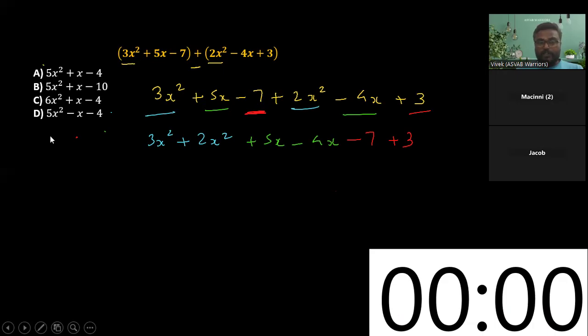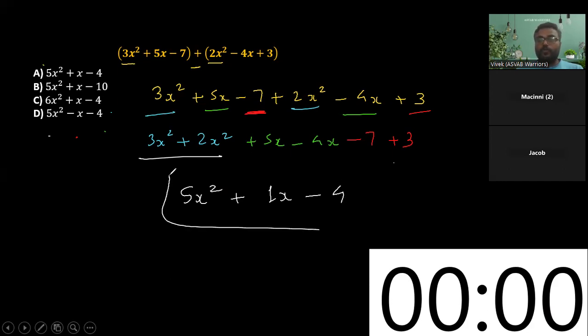Let's do the calculations. 3x square plus 2x square is 5x square. 5x minus 4x is 1x. You can also call it x only. Negative 7 plus 3 is minus 4. So option A is correct.